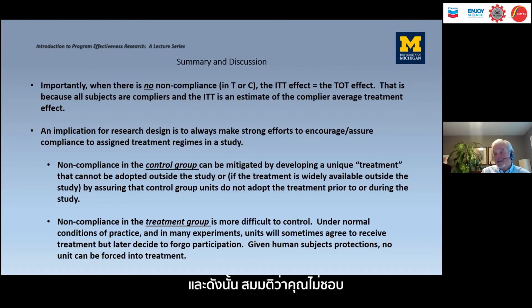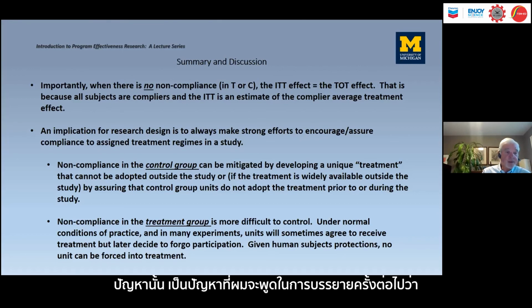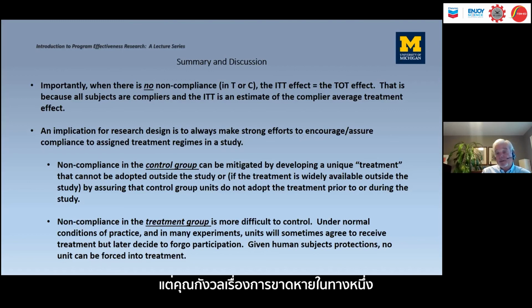And so let's say you don't. Well, if they're missing on the dependent variable, you have a problem of study attrition. That problem is one that I am going to discuss the next time we lecture, what the tolerances are for attrition.